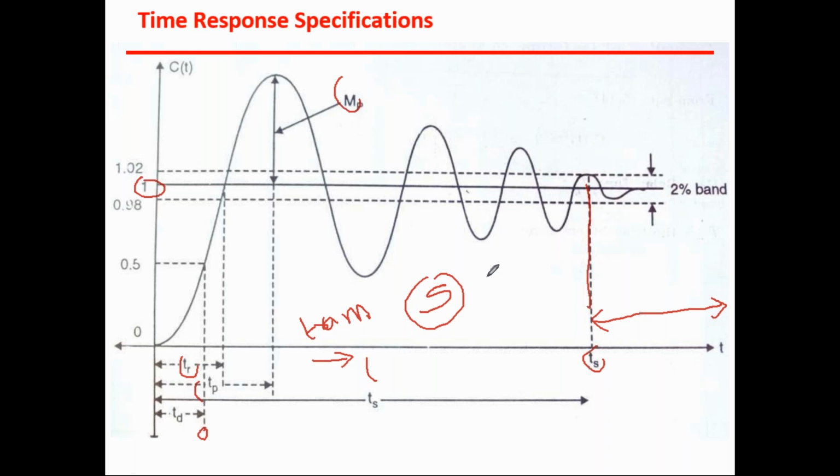In the transfer function, the characteristic equation is in the numerator or denominator? Right, in the denominator. So from the characteristic equation, we are going to find these 5 parameters.